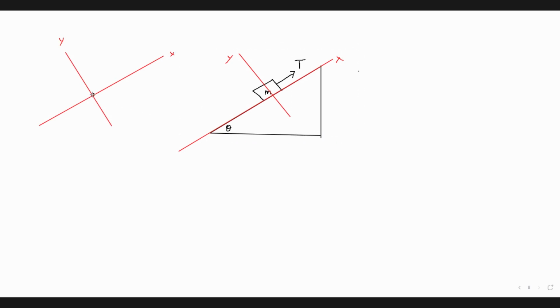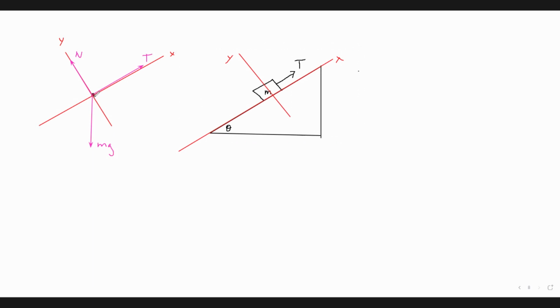Well, I have mg acting straight down. So that is mg. I have the tension acting in the positive x direction. So that's the tension T. And I have the normal force acting in the y direction. Now without friction, those are the only forces. So let's consider this without friction.